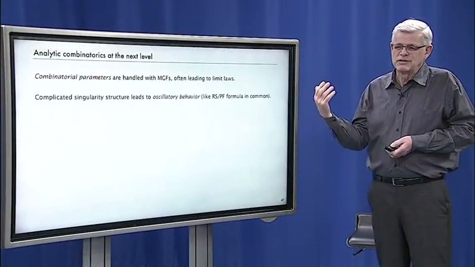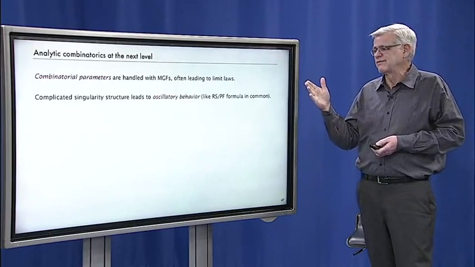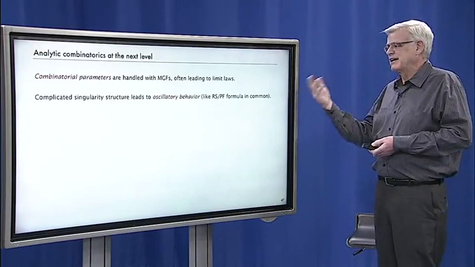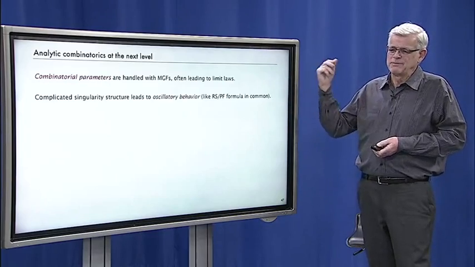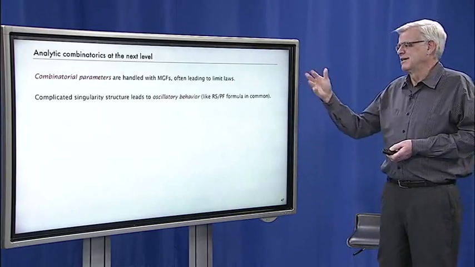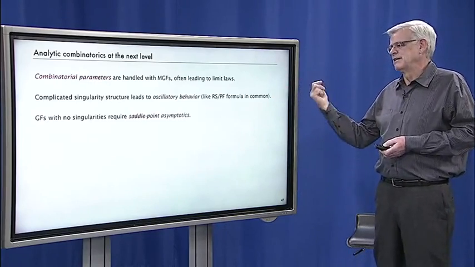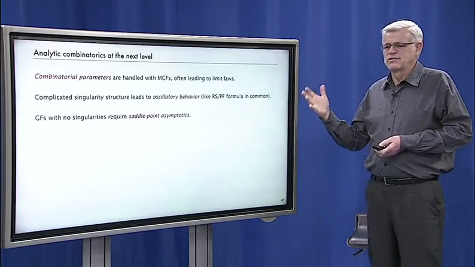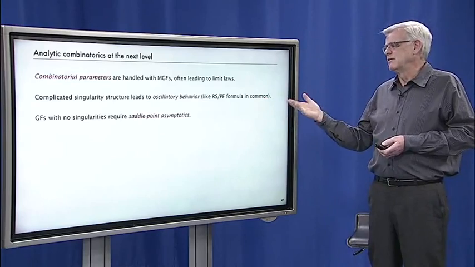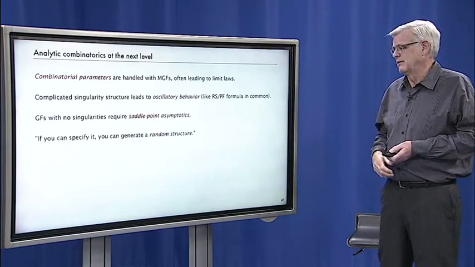A lot of the time the behavior of the functions in the complex plane is very complicated, and we get oscillations, like that formula that we had involving the gamma and zeta function. So the answer is not simple. We have to deal with that. Sometimes there's a method known as saddle point asymptotics that we have to use for generating functions that don't have singularities.